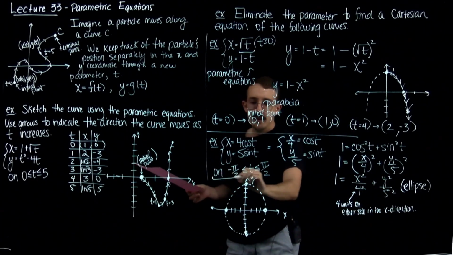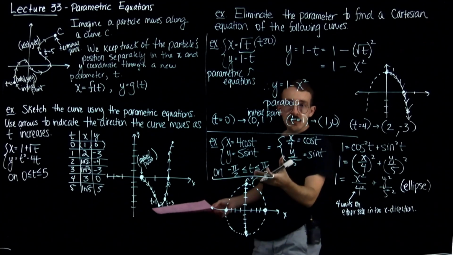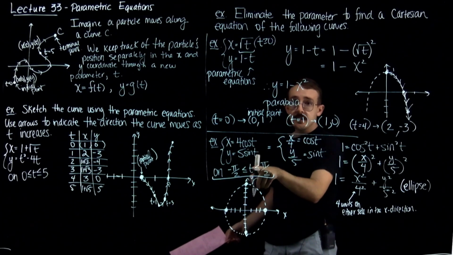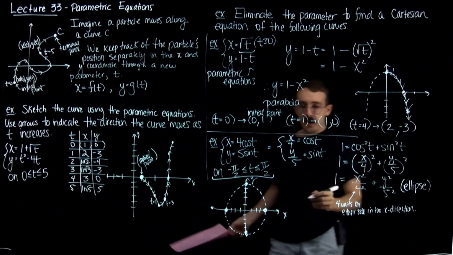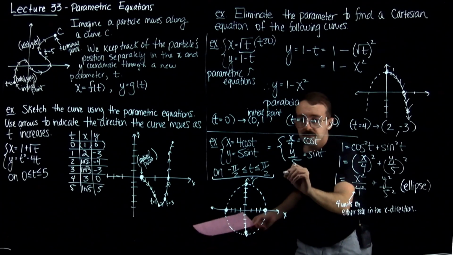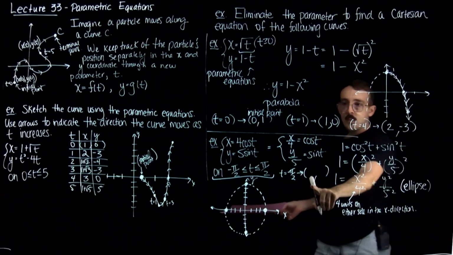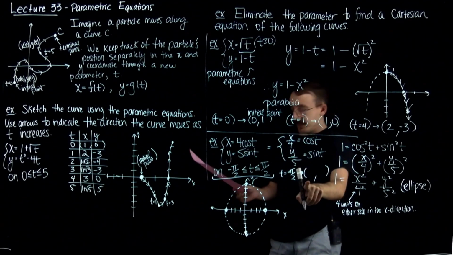So notice that this time, unlike the other problem, they specified right away where you're going to take your t parameter. So we want to start at negative pi over 2. So let's go here. When t equals negative pi over 2, we need the x and y coordinate. So we can go back to the 2 equations here and plug this in.